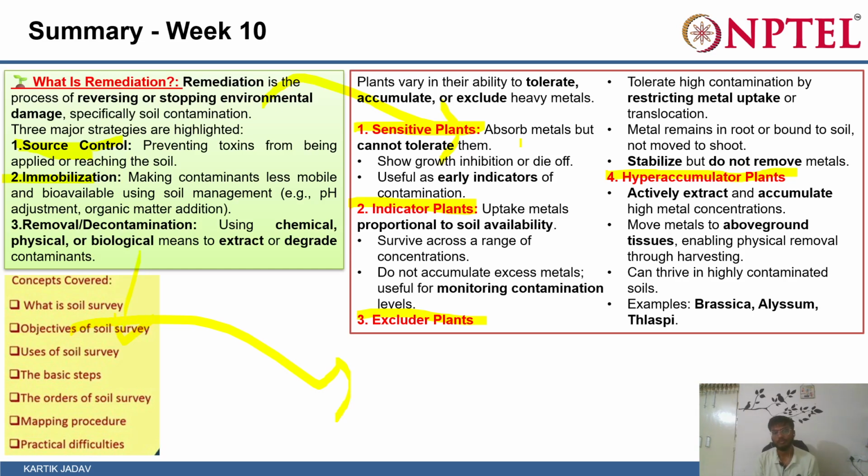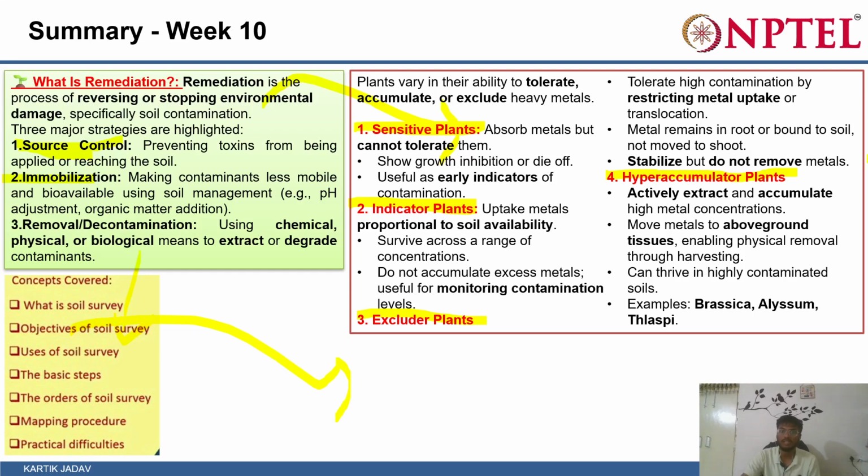A sensitive plant is sensitive to a particular metal. If its concentration increases, it will directly impact its growth and the plant will not sustain against that higher metal concentration.